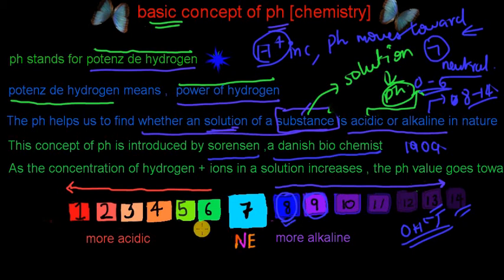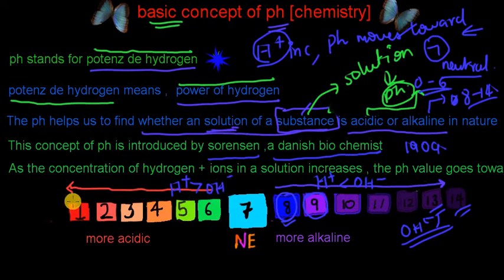When we go further to 6, 5 or 4, the number of hydrogen ions will be higher than the hydroxide ions. In the alkaline range, the number of hydrogen ions will be lesser than hydroxide ions, but in acidic values, the number of hydrogen ions will be higher than hydroxide ions.